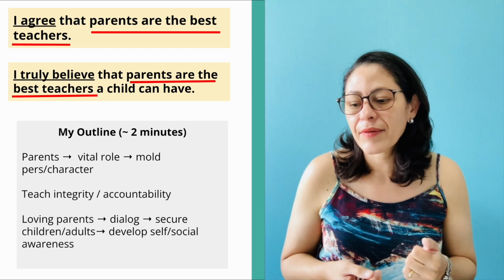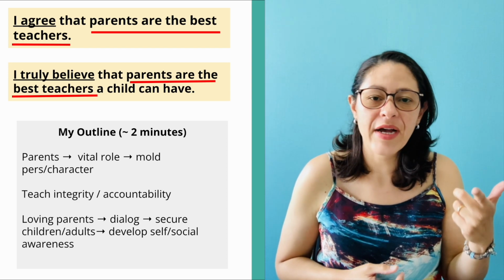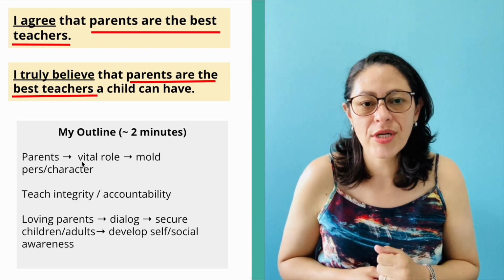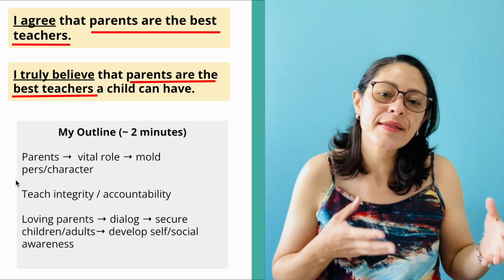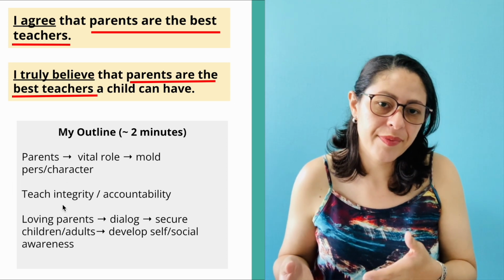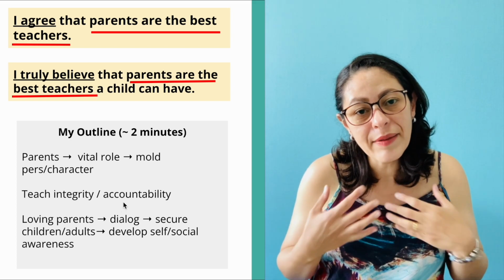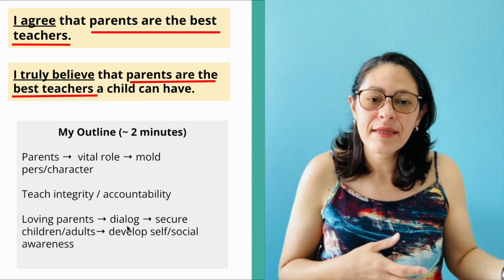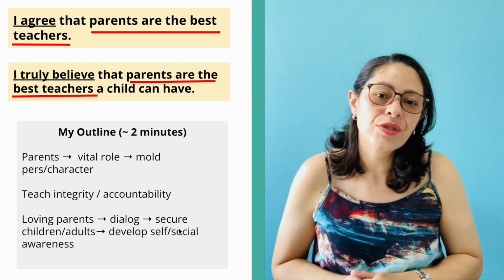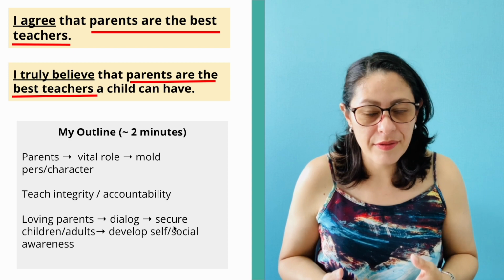Take a look. I wrote parents play a vital role because they mold a child's character and personality. I also said that they teach integrity and accountability. And I believe that loving parents, they tend to dialogue with their kids, and this leads to children that are more confident, okay?